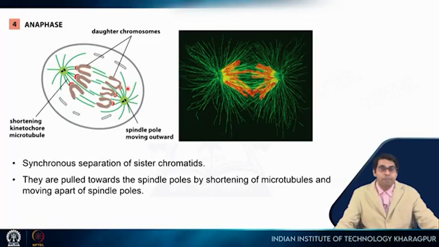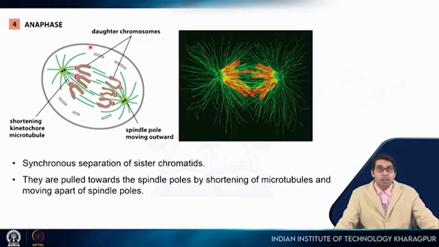The fourth stage, which is the anaphase, triggers suddenly, and that happens when these two sister chromatids are separated. So how does this happen? This happens because the sister chromatids are connected together by certain proteins called cohesins. So you can think of them as glue, right. These cohesin proteins form a complex which attaches these two sister chromatids together, right.